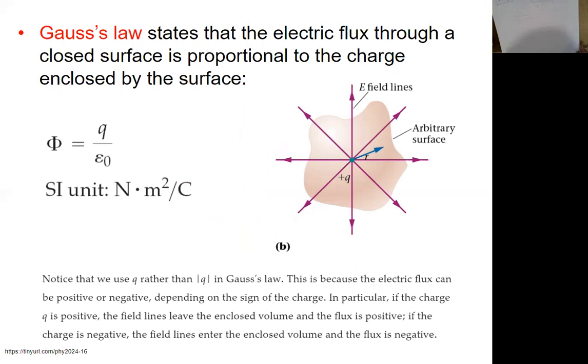Gauss's law says the electric flux through a closed surface is proportional to the charge enclosed by the surface. In mathematical expression, phi, which stands for flux, equals Q divided by epsilon naught. That has the SI unit of newtons times meter squared over coulomb.